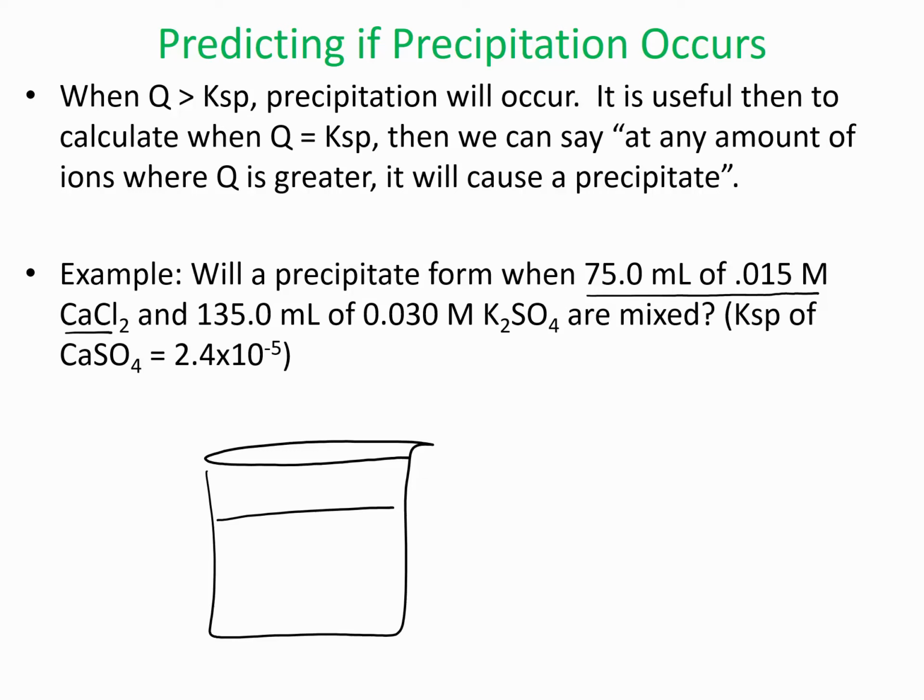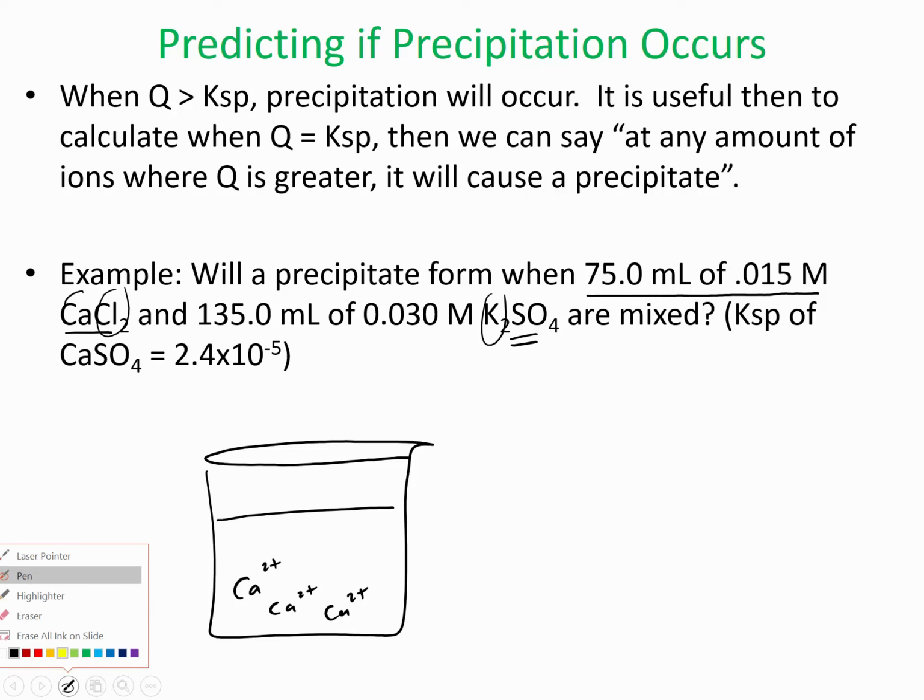The chloride is going to be a spectator, and so is the potassium, so we don't care about those two. We have a source of calcium ions, so we have some calcium ions in here. And it looks like we also have a source of sulfate ions, SO4 2-, so we have these in here too.